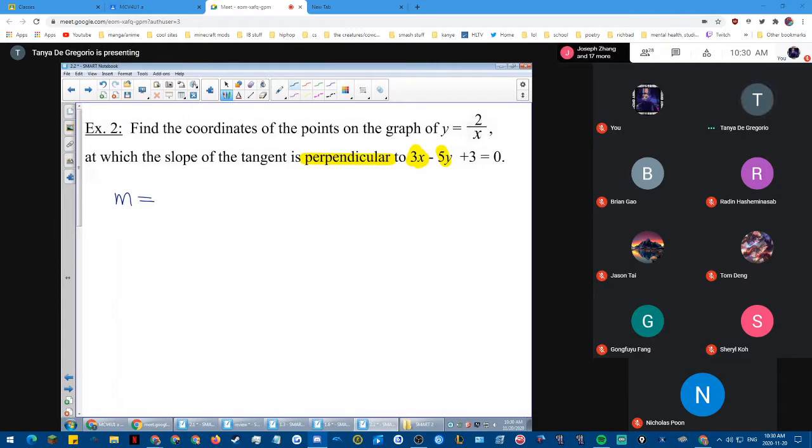Negative A over B. Okay? So my A right now is 3, so it's negative 3. My B is negative 5, and 2 negatives give me a positive.